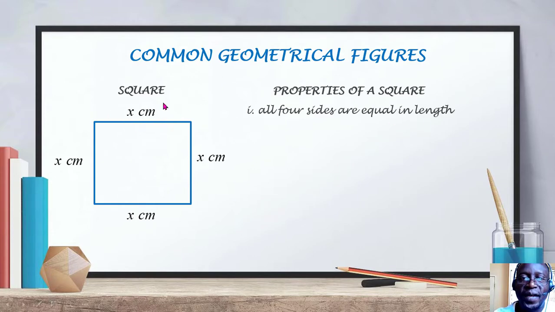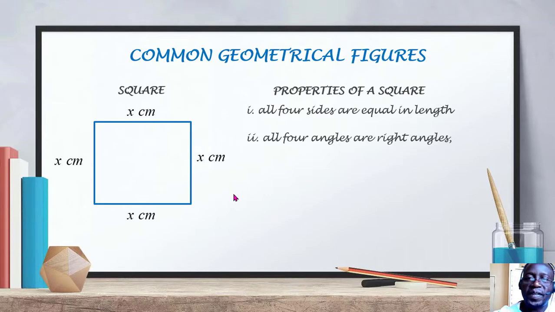So on this square here, if this side is x, that one will be x, that one will be x centimeters, and that will be x centimeters. If this side was, for instance, 10 centimeters, this will be 10 centimeters, that side will be 10 centimeters as well, and this side will be 10 centimeters as well.